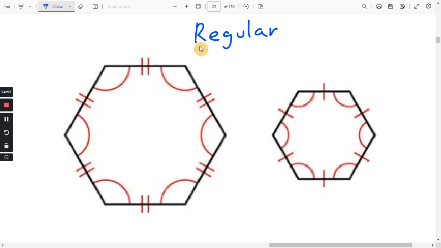So if you compare one regular polygon to another, they are going to be similar, as long as they have the same number of sides. If they're regular, the angles are all going to match, but not necessarily the sides. The sides are proportional.